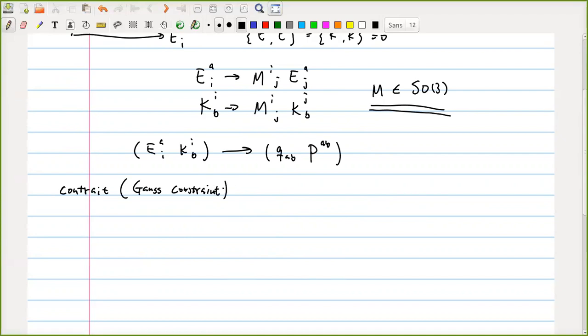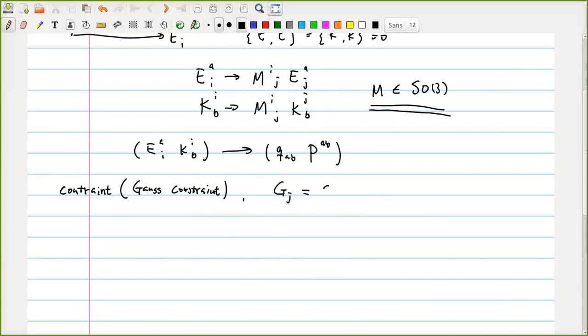The name indicates it is kind of an analog of Gauss's law. At present you are not able to see that, but in a moment you will see that it is indeed an analog of Gauss's law.